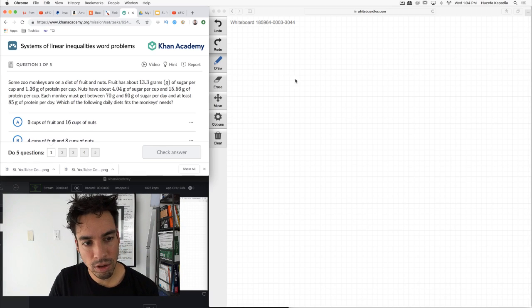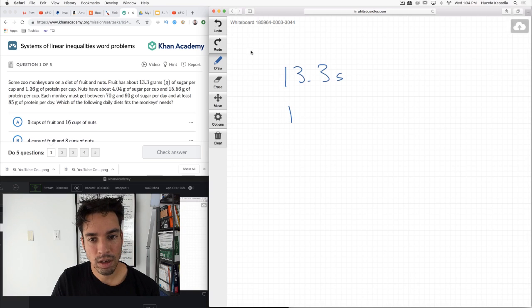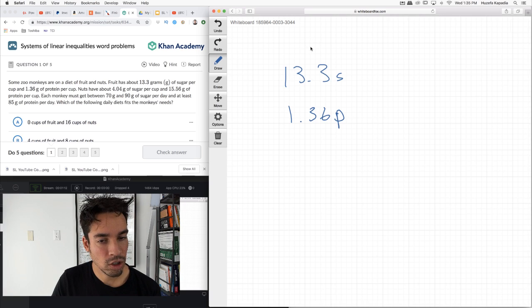Fruit has about 13.3 grams of sugar per cup and 1.36 grams of protein per cup. I'm just writing this down here. Nuts have about 4.04 grams of sugar, and I'm just trying to categorize this.